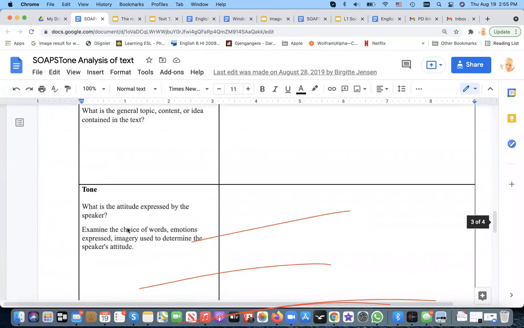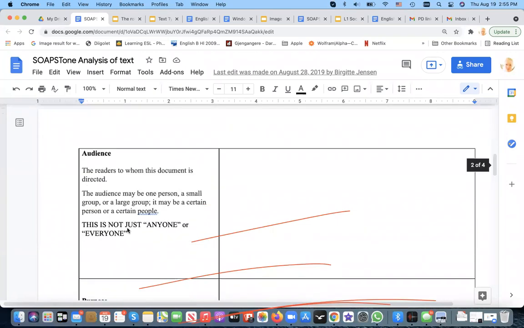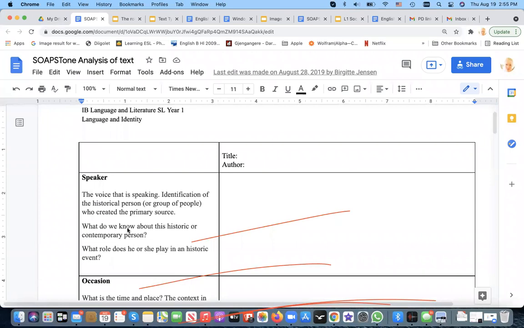SOAPSTone is the acronym. Students get very nervous when they have to write an essay on an exam. My students have to analyze text, meaning they'll get text they haven't seen before, or sometimes they have seen it before, and they have to use the techniques they have learned.